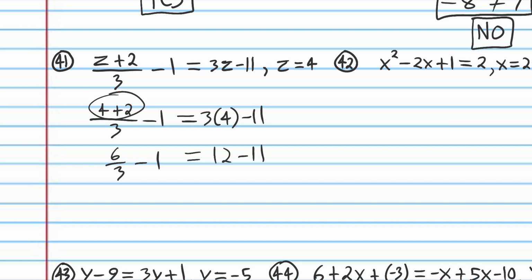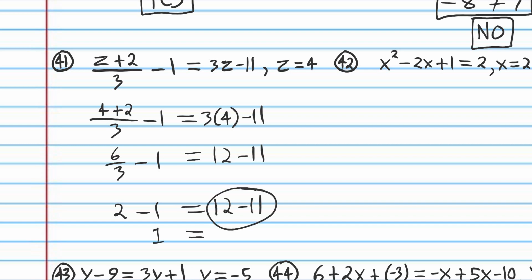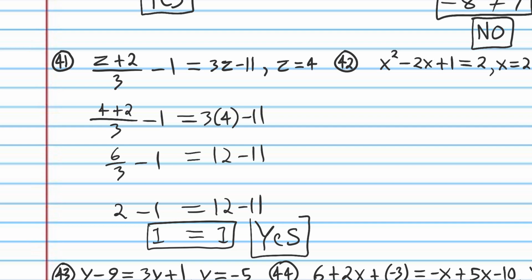Again, you have to do the numerator part first. 6 divided by 3 is 2. So then we have 2 minus 1 is equal to 1, and 12 minus 11 is equal to 1. So 1 is equal to 1, so we can say yes, z equals 4 is a solution.